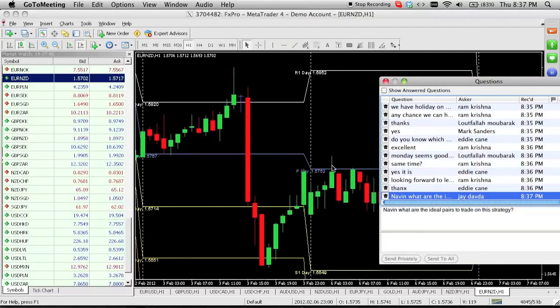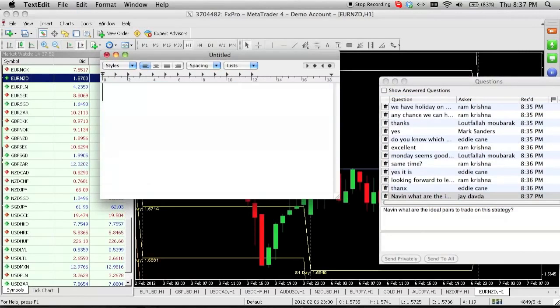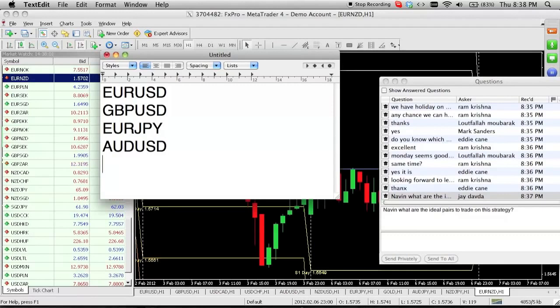Okay, Jay, Naveen, what are the ideal pairs to trade on this strategy? Okay, here's the 7 pairs that I trade. You can write this down. Euro USD, Pound USD, Euro Yen, Aussie USD, New Zealand USD.